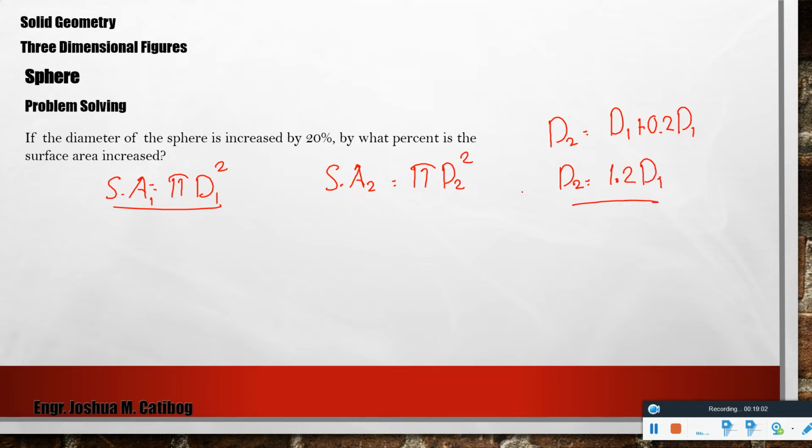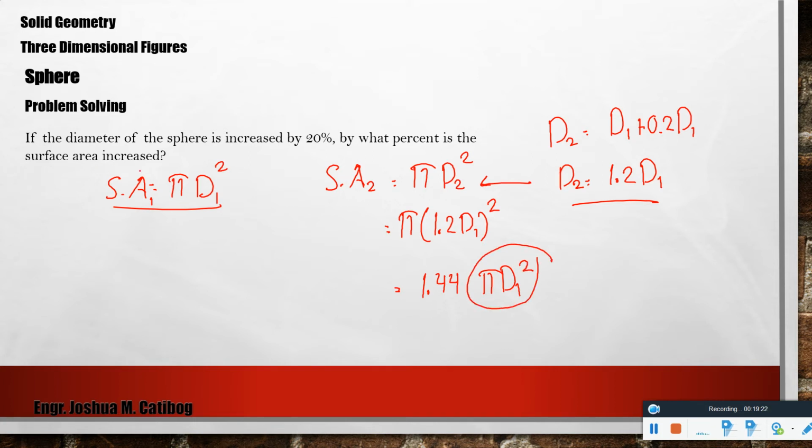Ito po yung ating isa-substitute ngayon dito. So pi times, and dito po natin ay 1.2 ng D1 quantity squared. So from here, 1.2 squared natin, that is what? 1.44. Then matitira po dito ay pi D1 squared. At alam natin that pi D1 squared is what? Yung ating surface area 1.